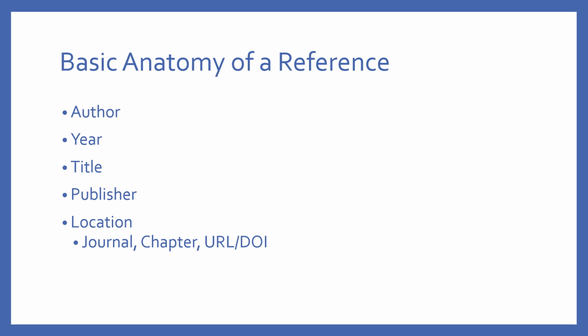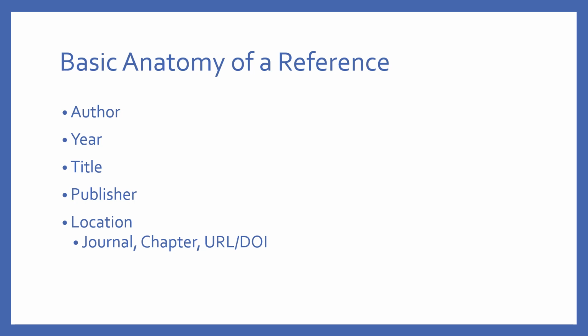There'll be a year, and sometimes it's the year of publication, sometimes it's the year that you accessed something, like in terms of a newspaper or something like that, or the year that something was originally published, and sometimes you can do year, month, and date, especially for websites if that's available to you. But again, sometimes things are published and you don't know the exact date or month that it was published. So you use the most precise information that you can in cases where you're not talking about books or journals.